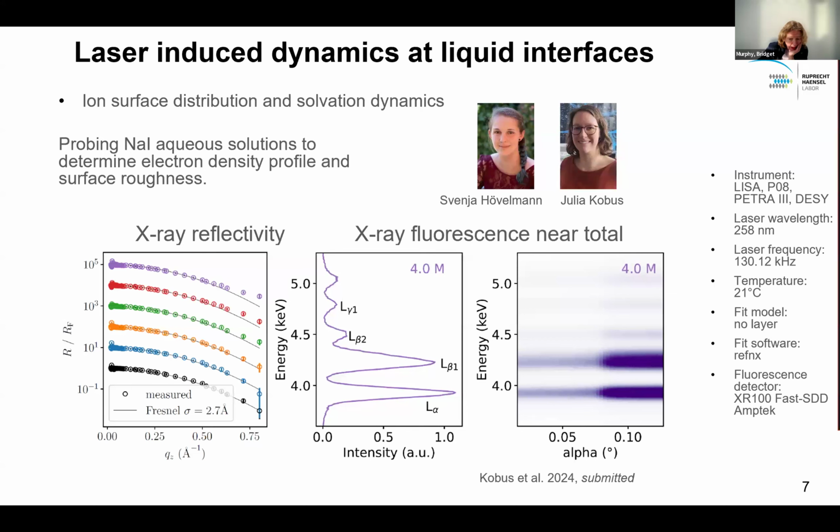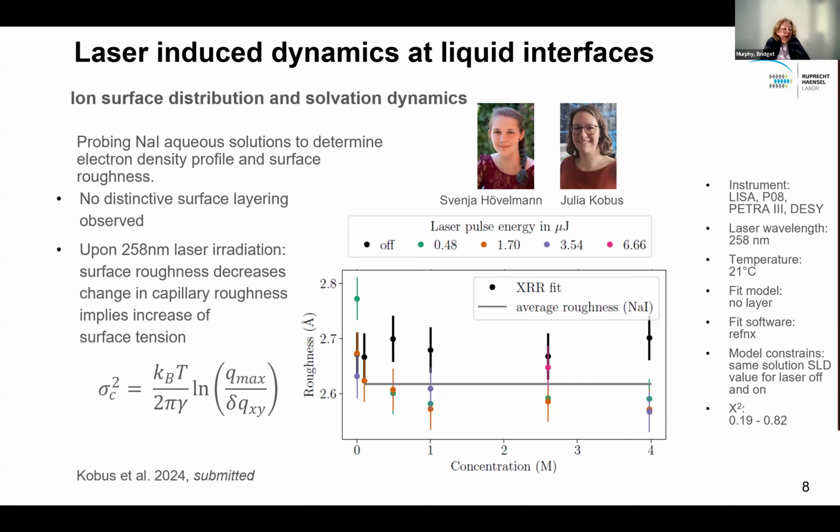But in the first steps, we've been focusing on what happens if we change the power in the laser. So there's a classic equation here, of course, which all of you are familiar with, that our surface tension is a function of temperature and also of electron density.